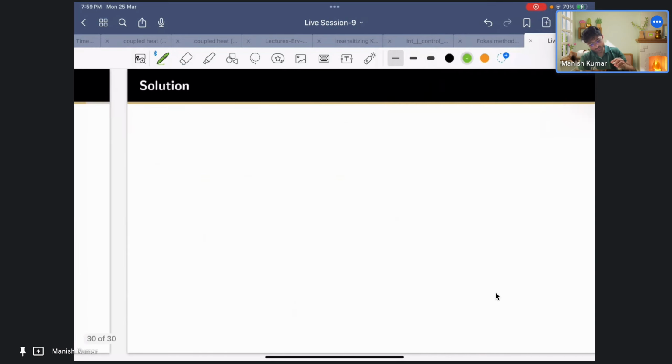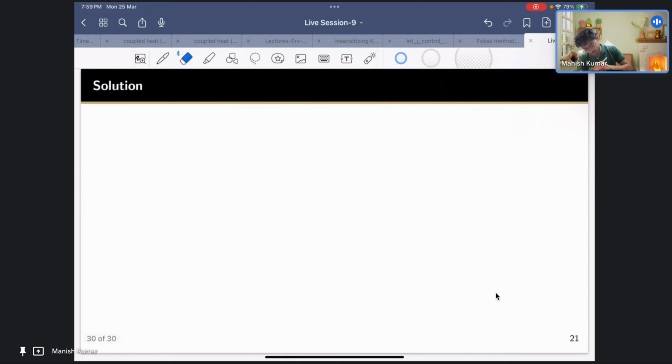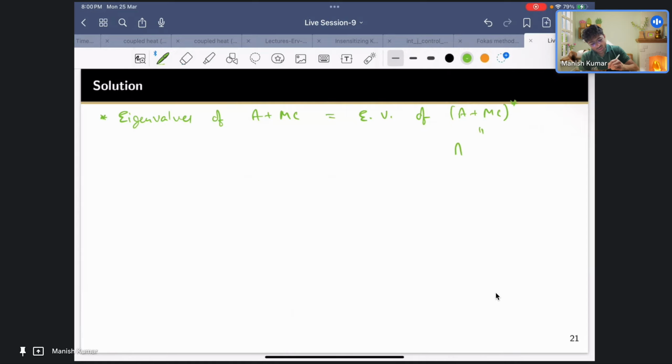So eigenvalues of A plus MC are the same as eigenvalues of (A plus MC) transpose, or star. So this is nothing but A star plus C star M star. So you have to find what is M star, right?